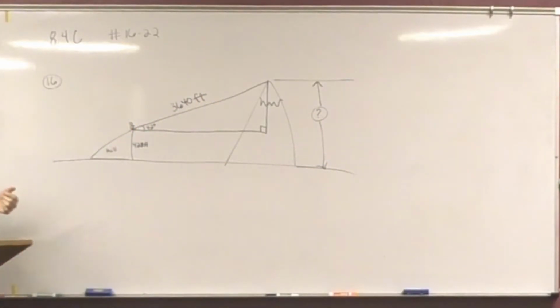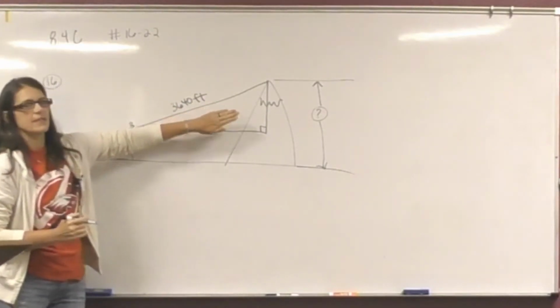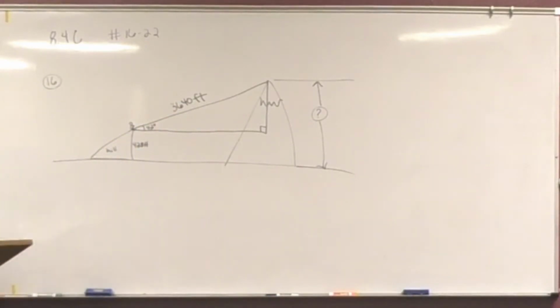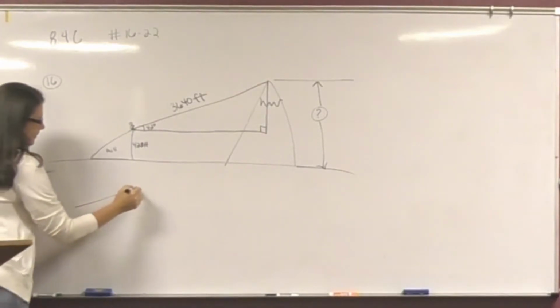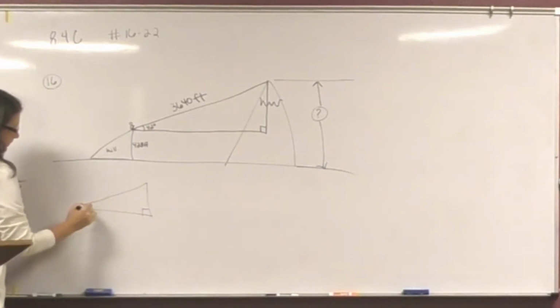Now, what we're going to be dealing with first is this right triangle that we created. If you need to, you can extract it out of the busyness of our diagram. This is a 42-degree angle right here.